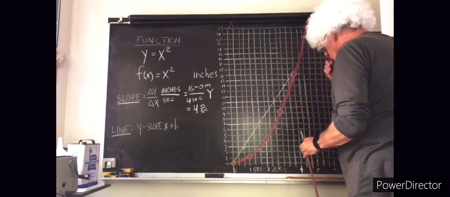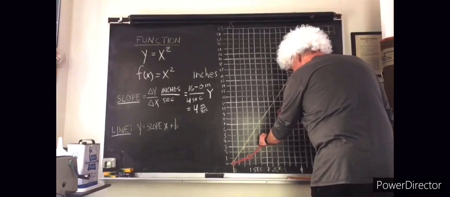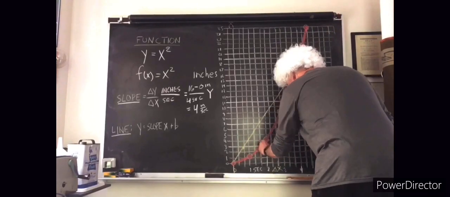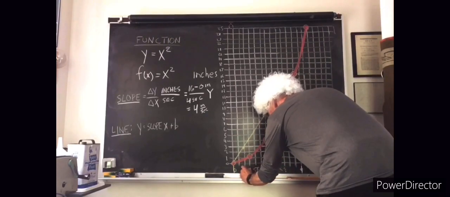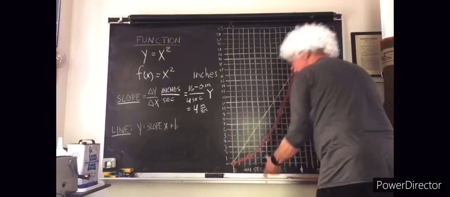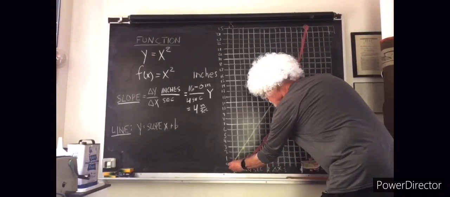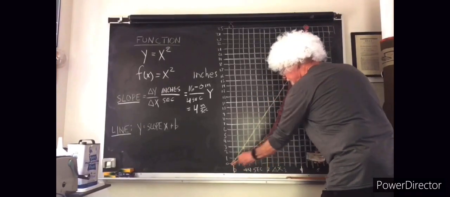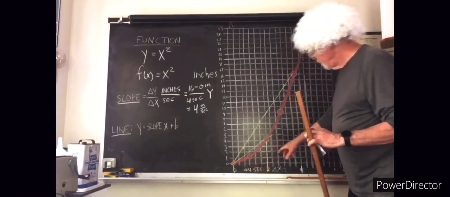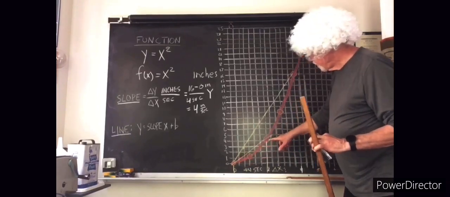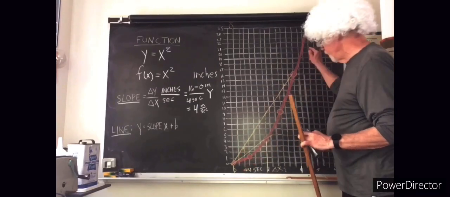Okay. Well, let's make our delta x smaller. Let's go from 0 to 2 and make that our delta x. Okay, let's calculate that slope from here to here. I think you can see that delta x got smaller, so this slope is closer to the slope at this point than the previous one was.